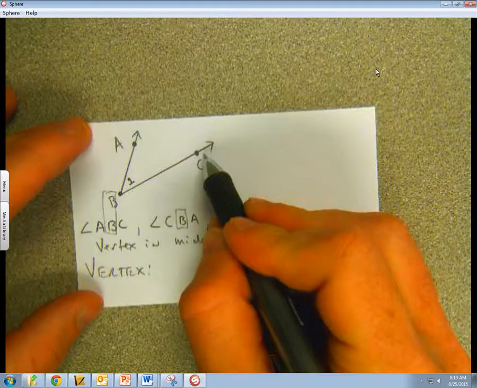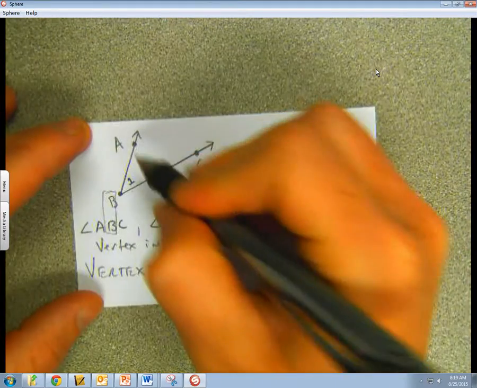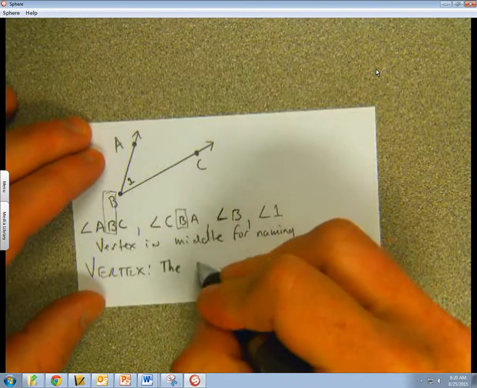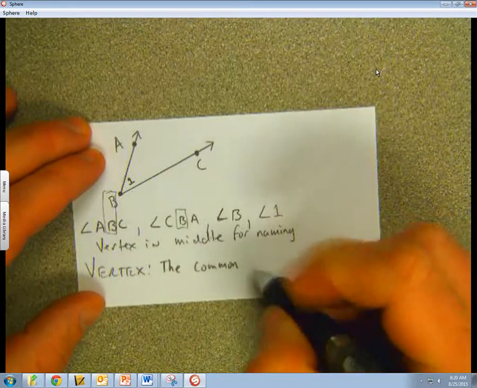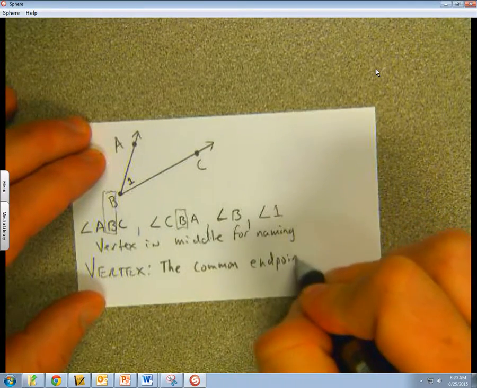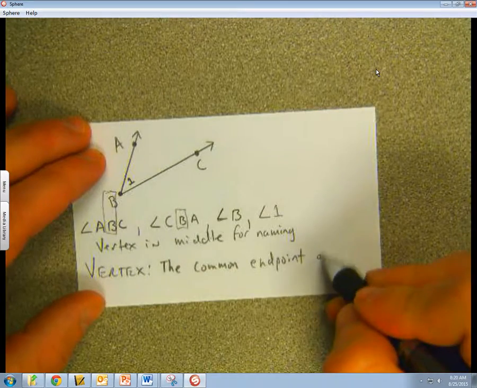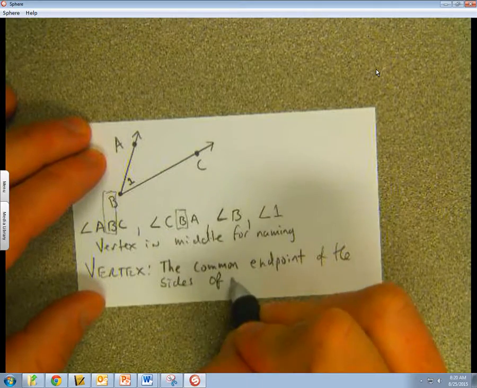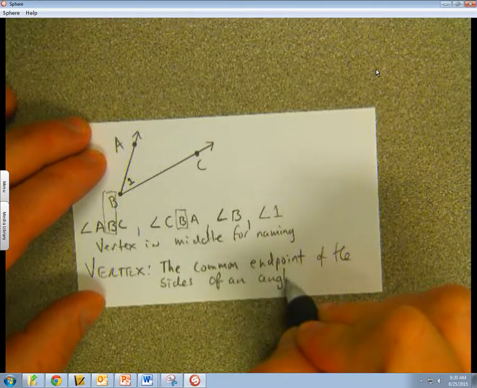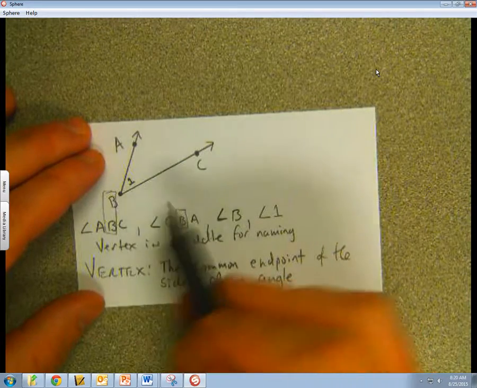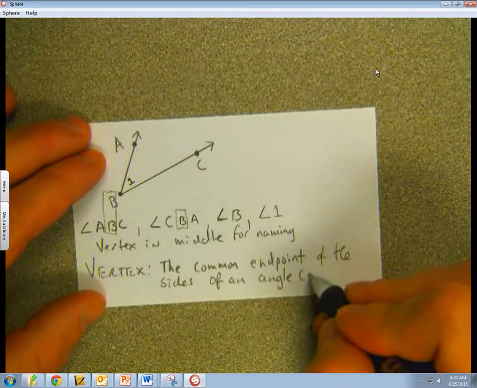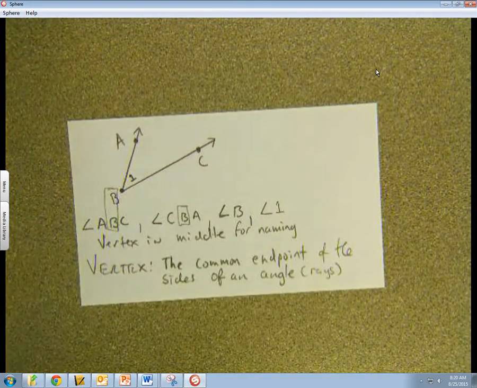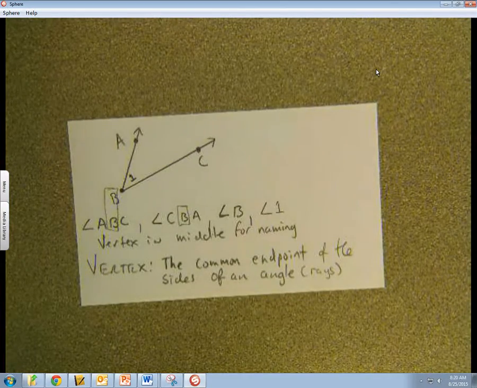Okay, and here we started at B and we went to A. So the vertex is the common endpoint of the sides of an angle. And as we just talked about, the sides of an angle are called rays. They are rays. They're not just called rays, they are rays. Okay, so that's angle.